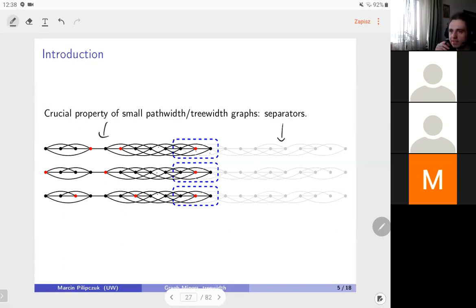And why separators are useful, for example for maximum independent set, is that the right-hand side really doesn't care which of these three independent sets on the left is there. You're looking at the independent sets that take the middle guy from the separator, and you really don't care which guys here are taken.